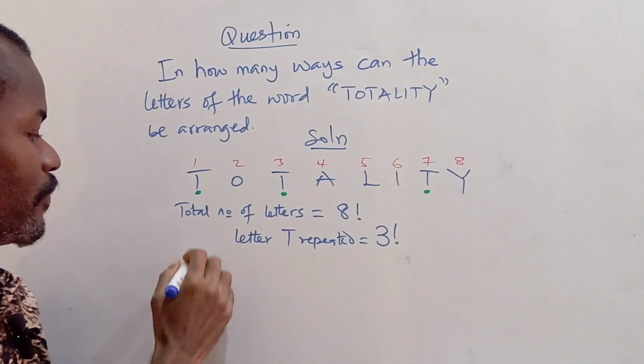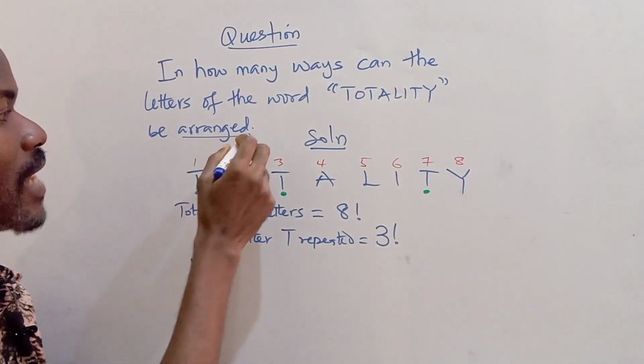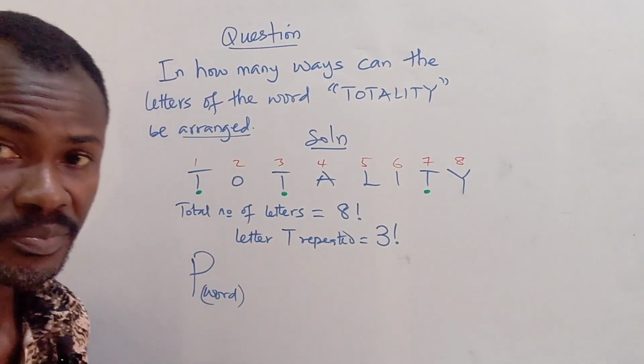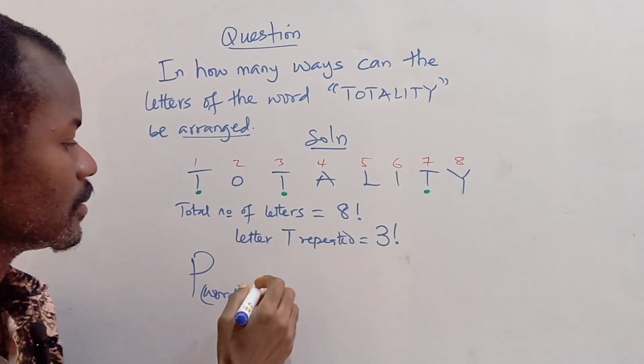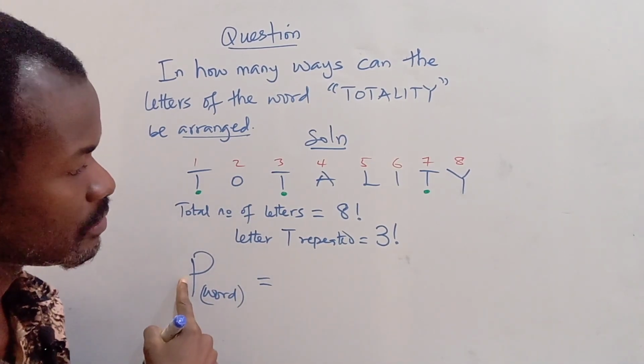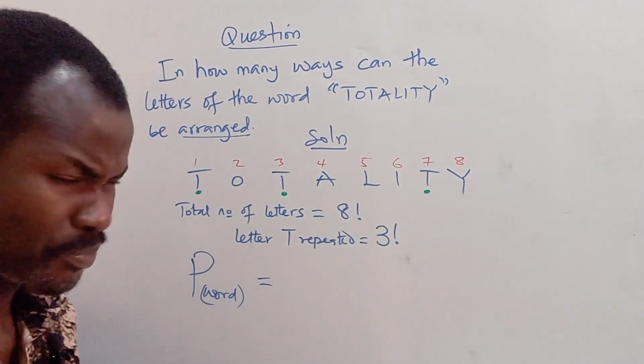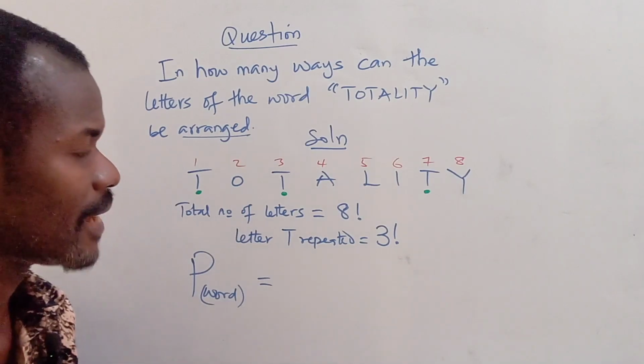So when you have permutation, which has to do with arrangement of words or letters, permutation simply means arrangement of letters or some other objects or items.